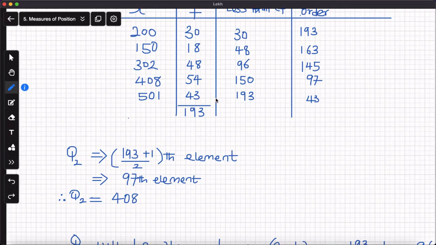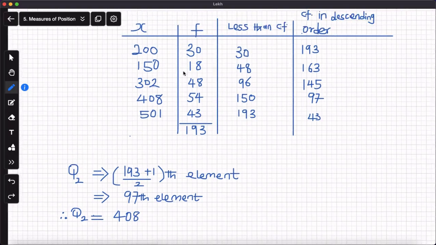So the 97th element, going by our frequency here, you can look at the less than frequency. I obtained this, if you don't know, 30 plus 18 gives us 48, then 48 plus 48, 96, 96 plus 54, 150, 150 plus 43, 193.